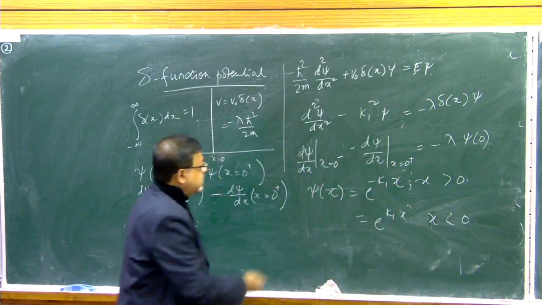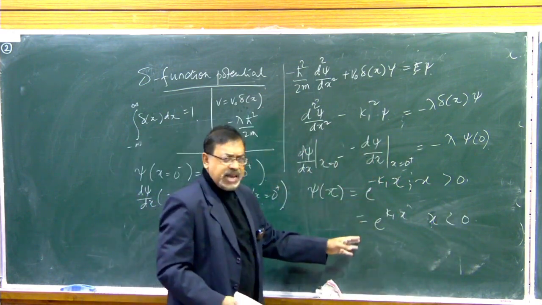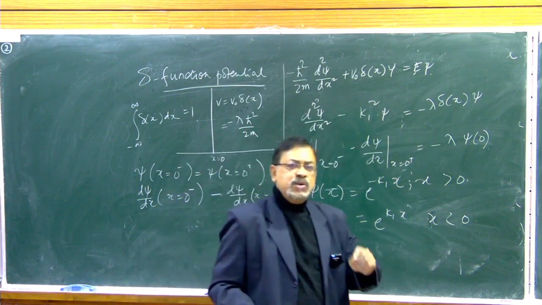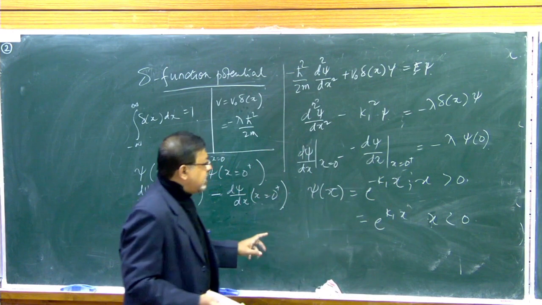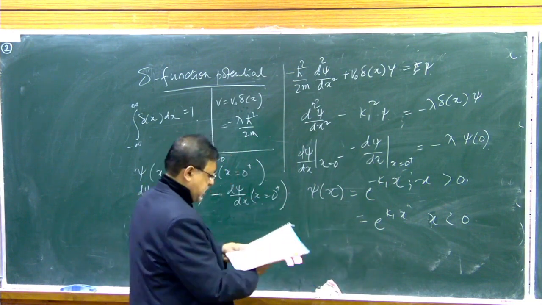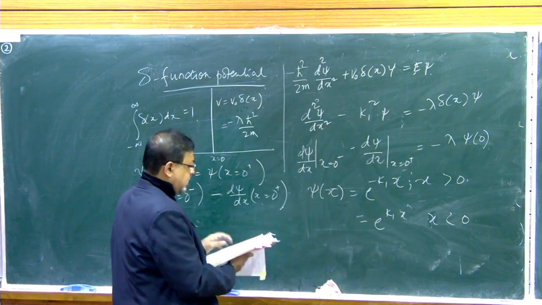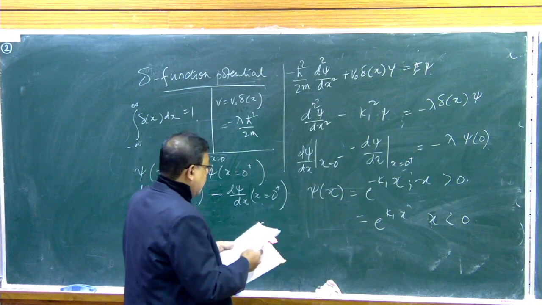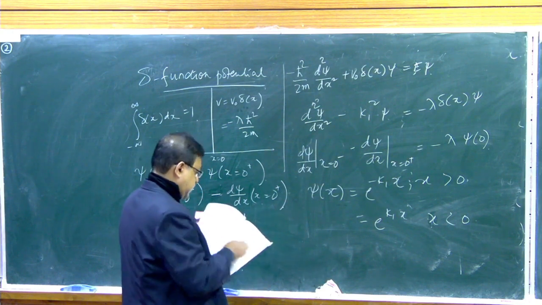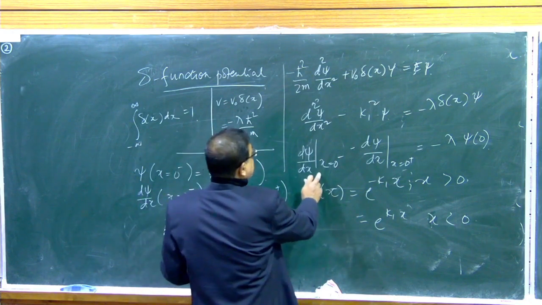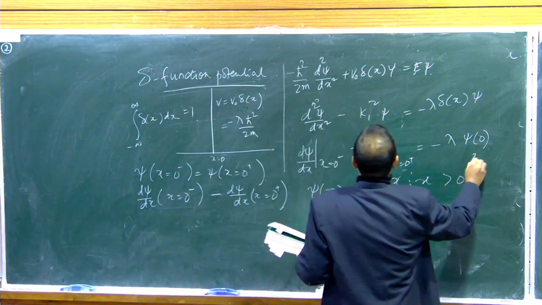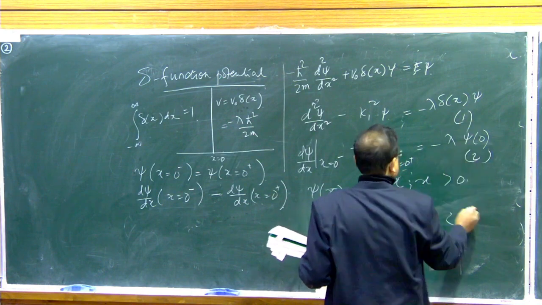Here we've taken the coefficient to be the same, because psi is continuous at x equal to 0. So the coefficients have to be the same, and k1 is of course given by this. Let's call this equation 2, this as 1, and this as 3.